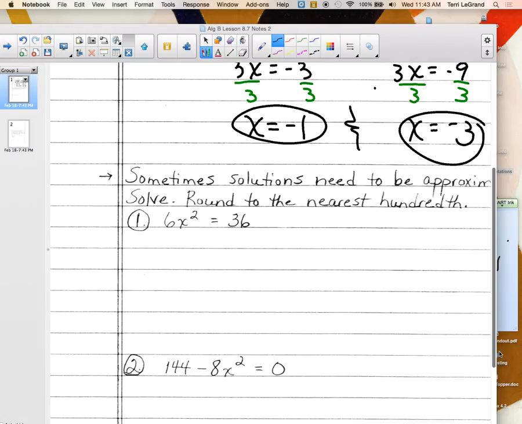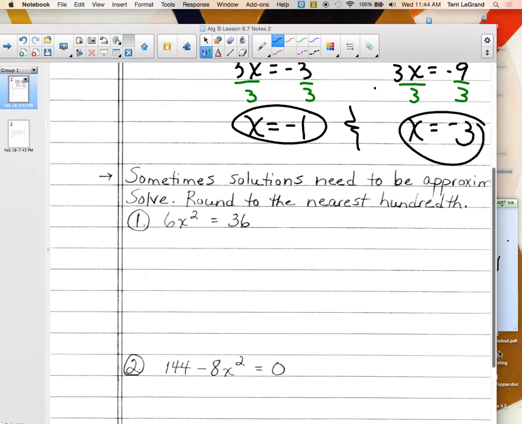So it sounds to me like you're trying to find which 2 perfect squares it's located between. So 6 is located between perfect square 4 and perfect square 9, and the square root of 4 is 2, and the square root of 9 is 3, so that means the square root of 6 has to be somewhere in between there, right?